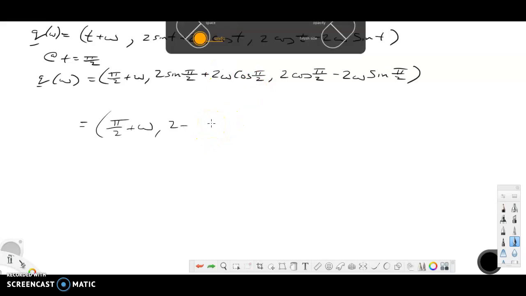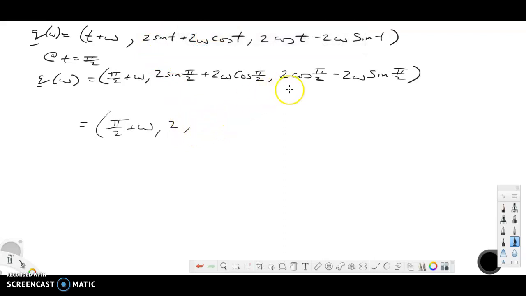So we're just left with 2 for the middle component. Comma. Again, 2 cos pi over 2 is 0, so this goes to 0. And we're left with minus 2 omega, and sine pi over 2 was 1. So that's our answer there, as far as I know.